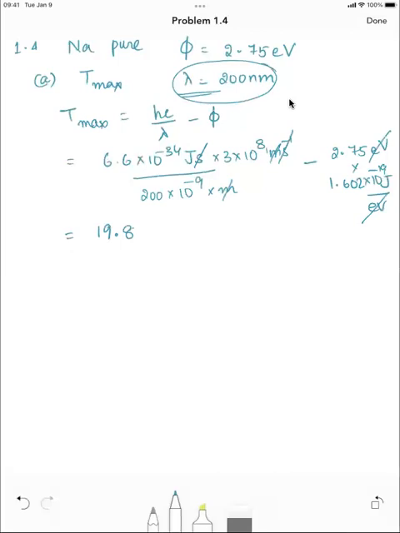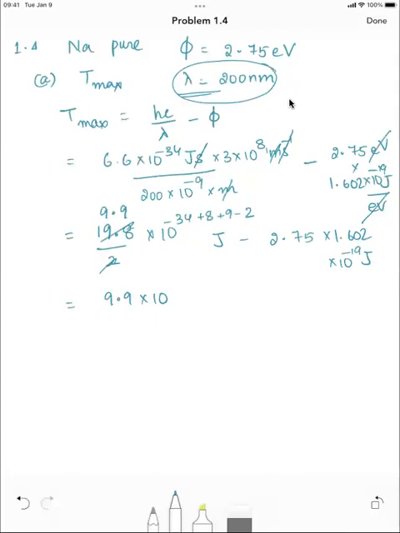So I'm going to bring 2.75 into 1.602. So this is going to be 9.9 times 10 to the negative 19 joule.